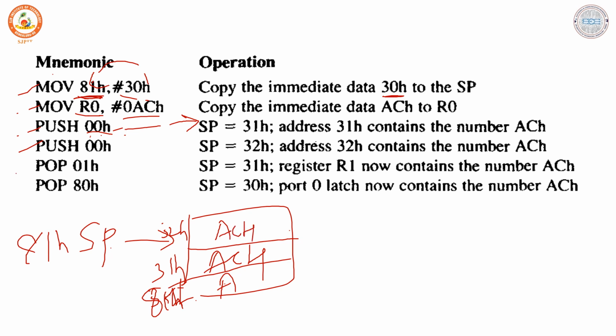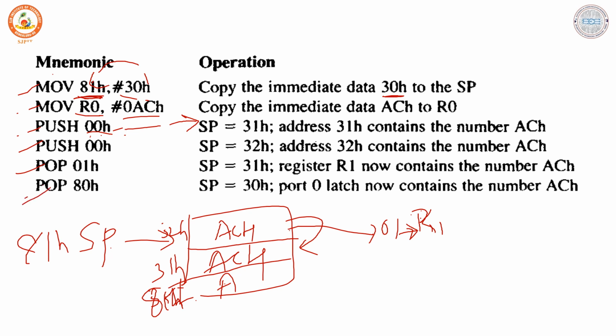Next, what happens is when you pop the content, the stack pointer is pointing to 32 now. So the 32 content will be taken to 01, that is the R1 register, and then it will decrement the stack pointer. Next, again we are performing a pop.